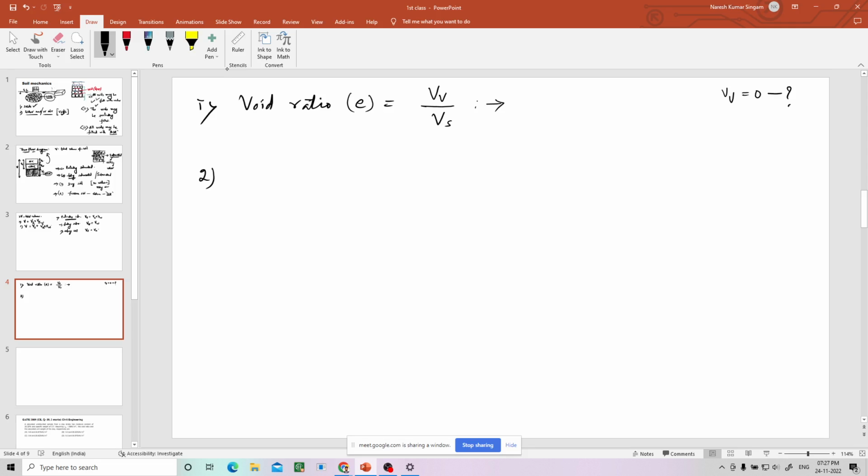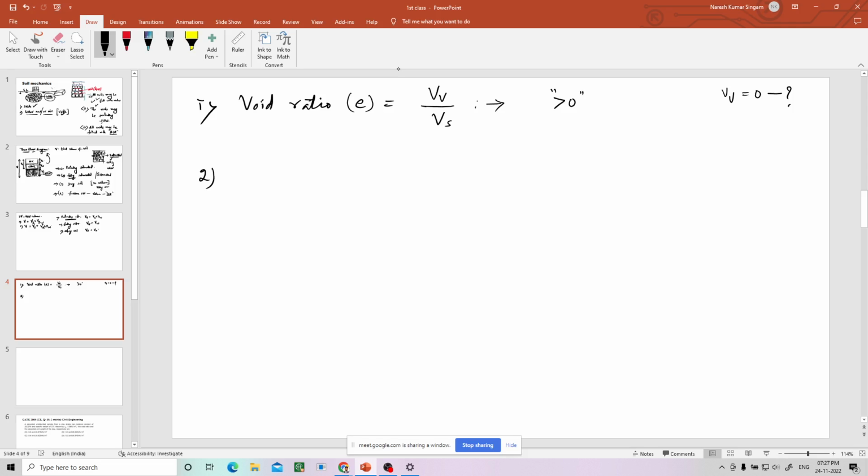Is this possible? No. There will always be some void. That is the reason why it cannot be 0. It is always positive, right? Now we understood that it is greater than 0 always.